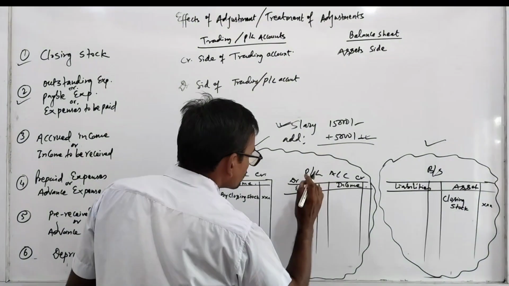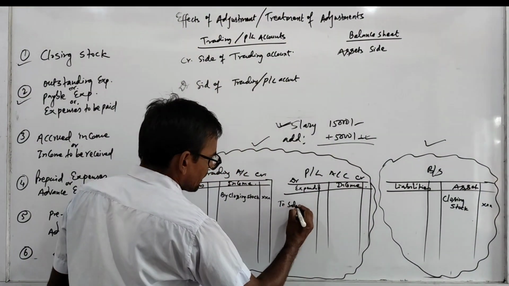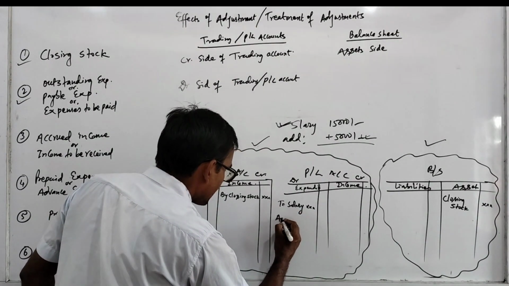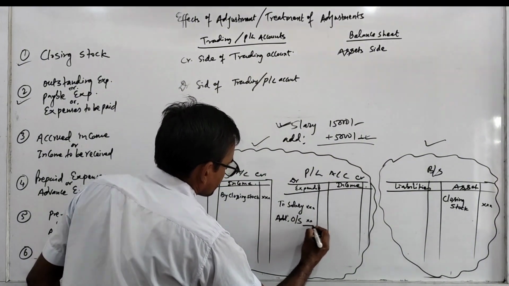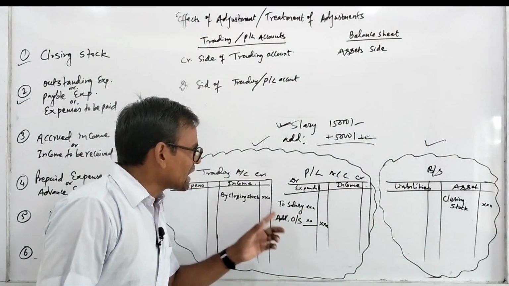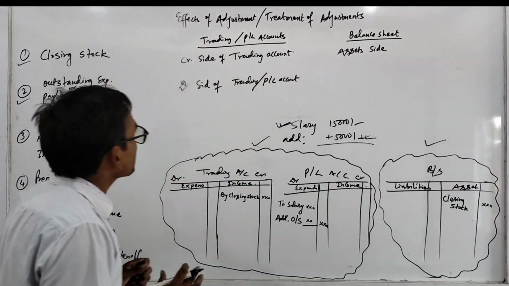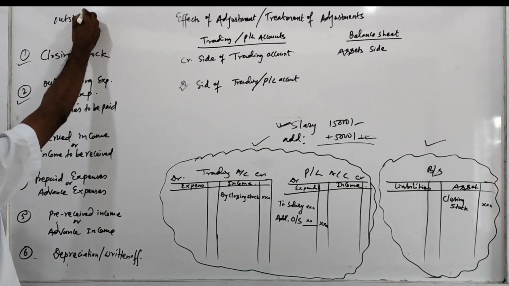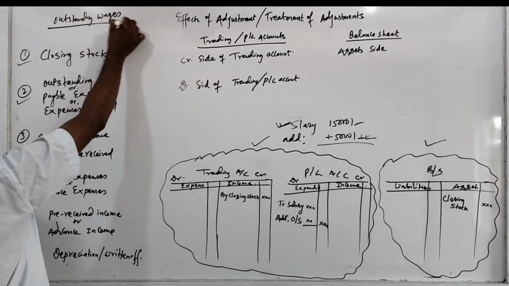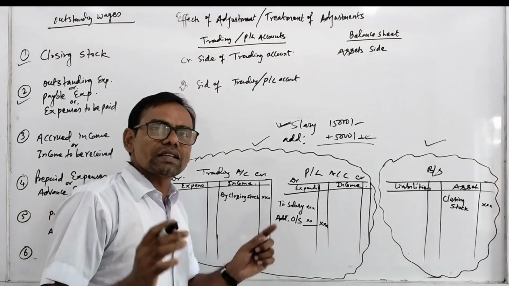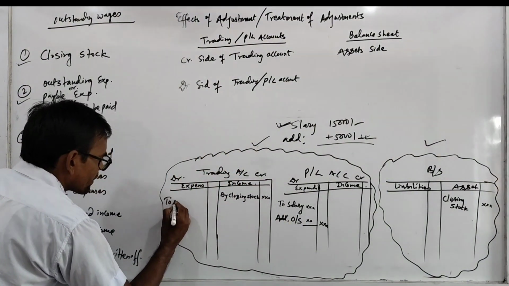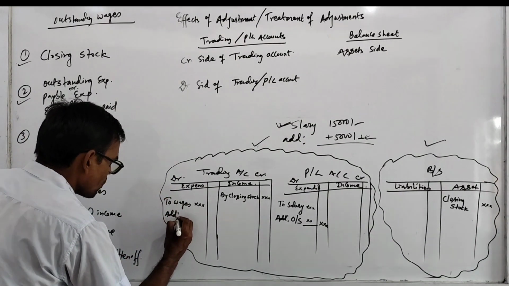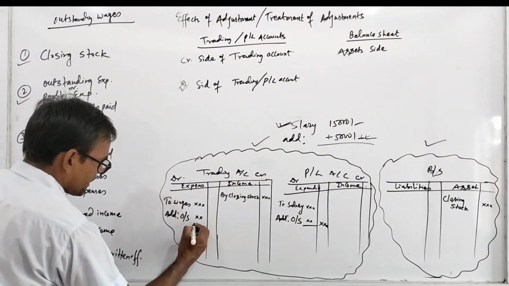Salary is related to the profit and loss account, so you write salary and add outstanding salary here. But if there is outstanding wages, then wages is related to the trading account, so here you write wages from the trial balance, and add the outstanding wages from the adjustment.